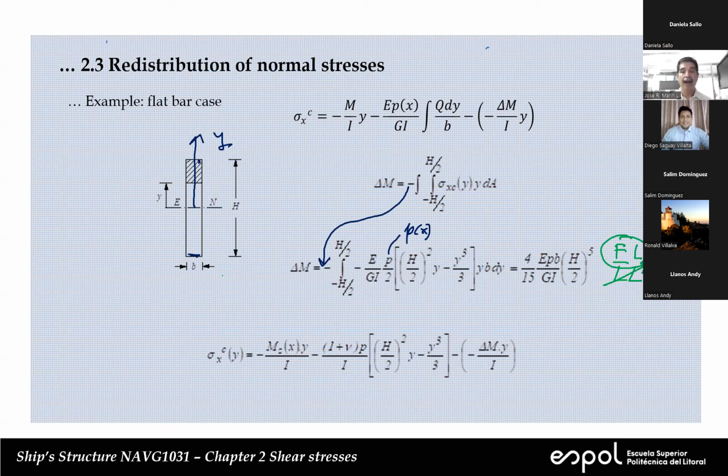Because I see that I have the bending moment here, and that depends on x, and we also have p here, which also depends on x. So if we go along the length of the beam, there are some differences, but in general, the most important thing here is the dependence on y.